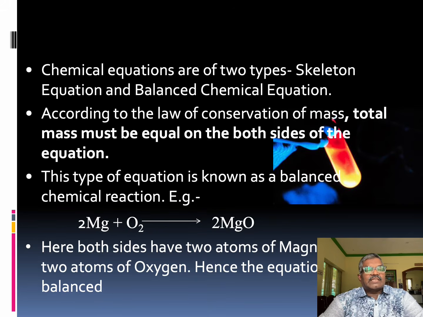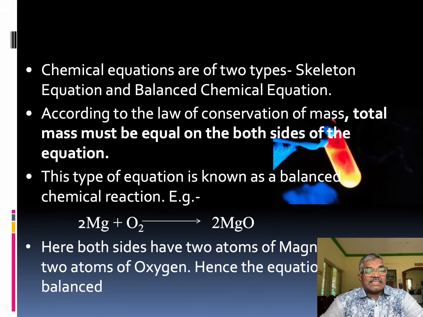Suppose my skeleton equation is like this; you can note it down. Mg plus O2 gives MgO. On the left side there is 1 Mg, and O2 has 2 O. So 1 Mg and 2 O. On the right hand side, 1 Mg and 1 O. It is not balanced, so you are going to balance it.